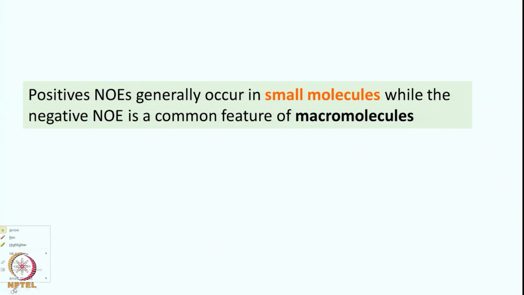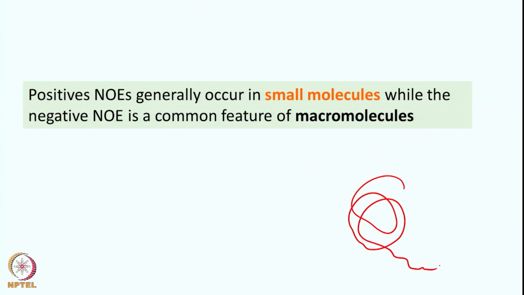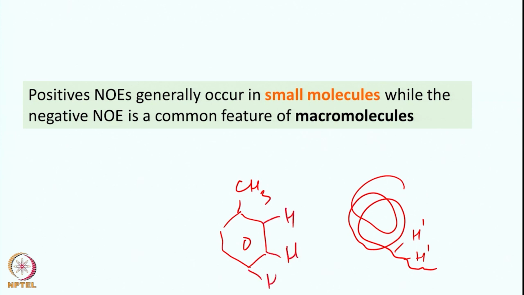By macromolecule we generally mean something like a protein. So suppose this is a protein. A protein has thousands of proton atoms. These are active nuclei, tens of thousands of proton atoms, whereas let us take a small molecule something like this, where we have different protons here.